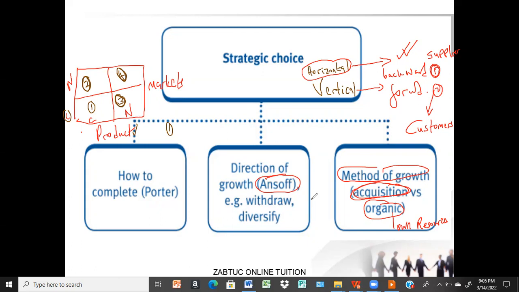But there are also other methods of growing, using franchising, licensing arrangements, and joint ventures. All those are possible methods of growth.